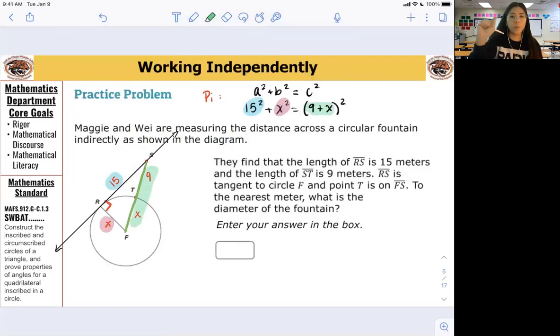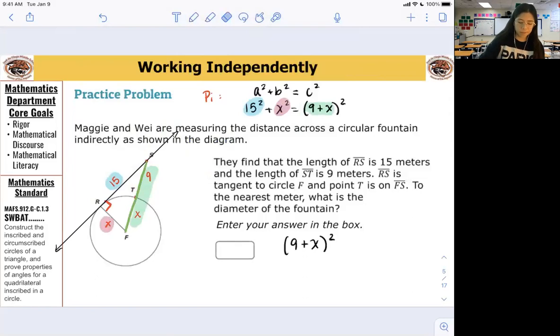Okay, well, how do I do this? 9 plus x squared. What do I have to do? Think back to algebra. Not distribute. The exponent first.